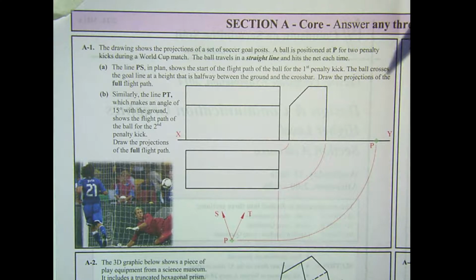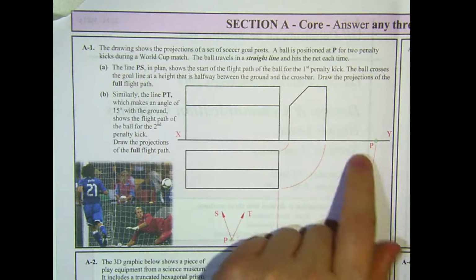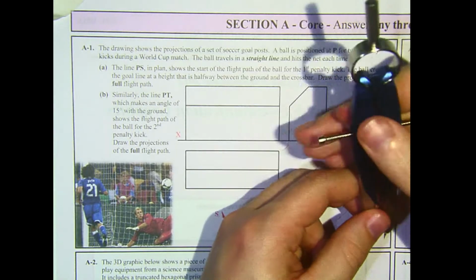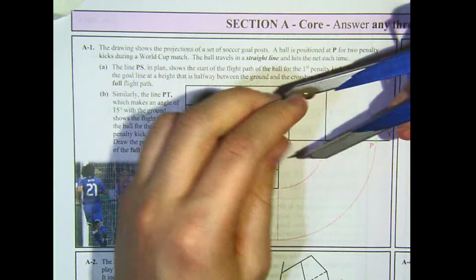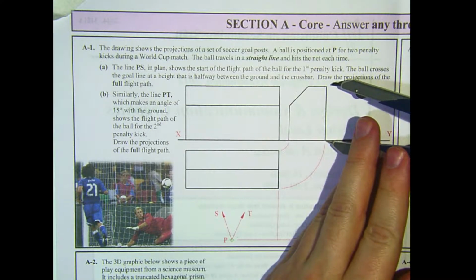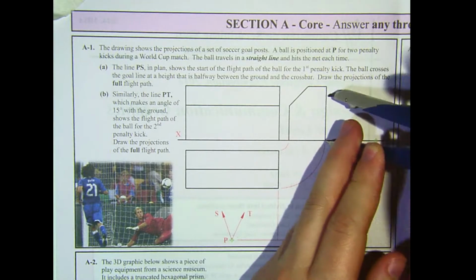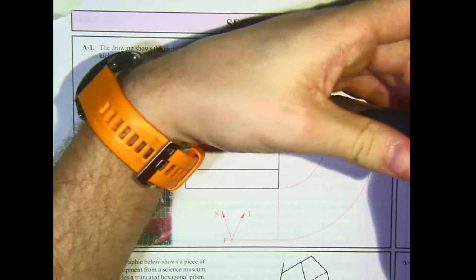So for part A, we need to find where the ball is going to cross the goal line. We're told that it's at halfway, so we're going to bisect this line.